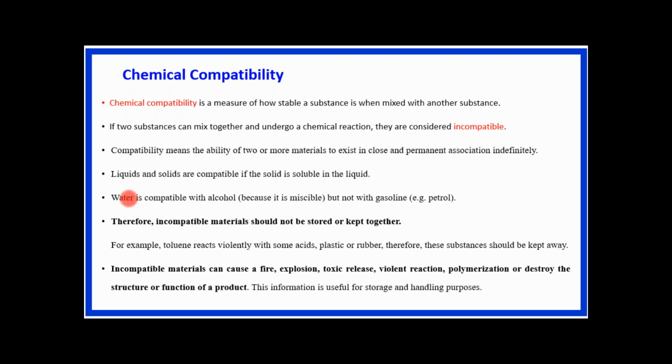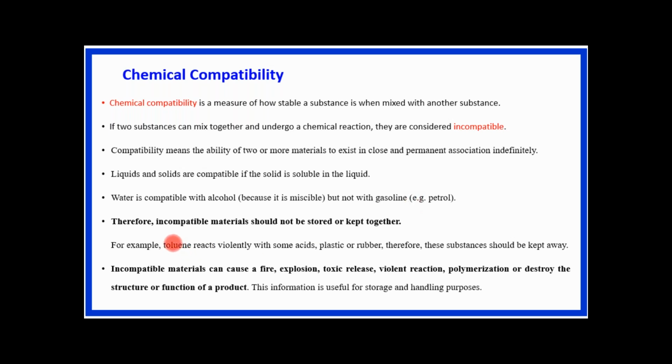But if the liquid or the solid is not soluble in the other liquid or in the solvent, then it is an incompatible product. For example, water is compatible with alcohol as it is miscible. So water is miscible with alcohol, but it is not compatible with gasoline like petrol. Since water is immiscible with petrol or gasoline, they are incompatible materials.